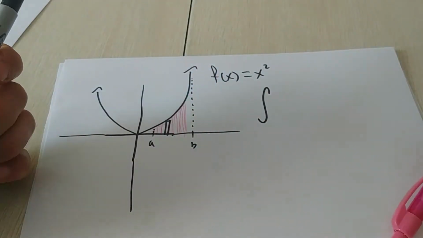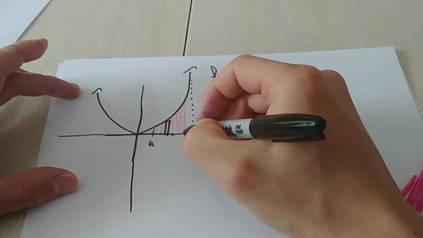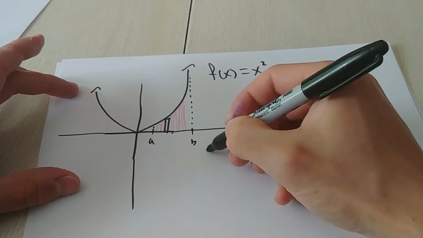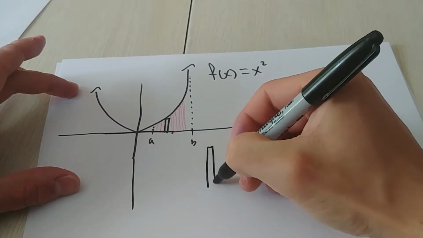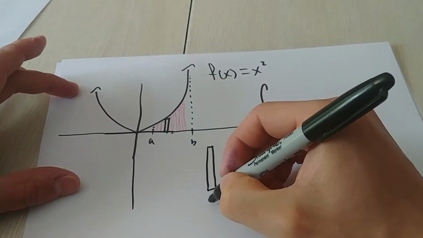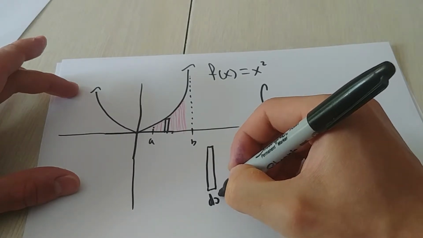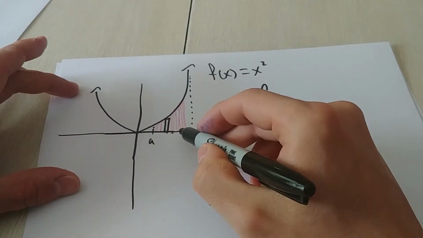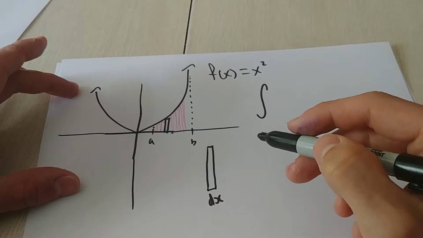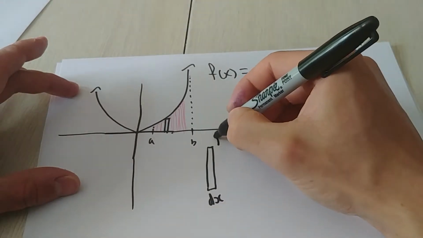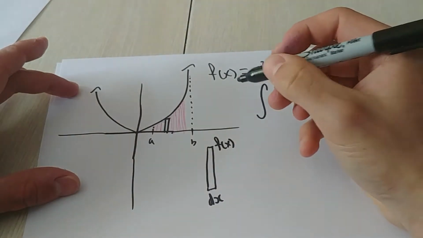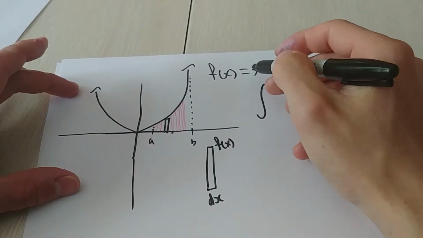And we'd add them all up. Now at every given moment, these rectangles have the width of dx, so an infinitely small change in the x direction, and the height of whatever that function is. In this case, it's f of x, which is equal to x squared.